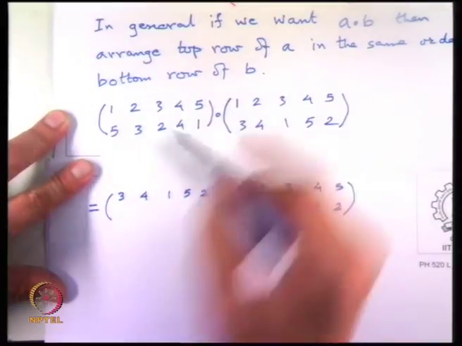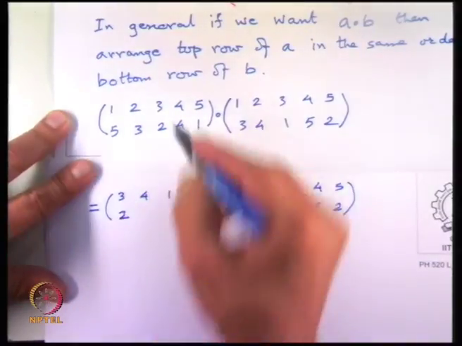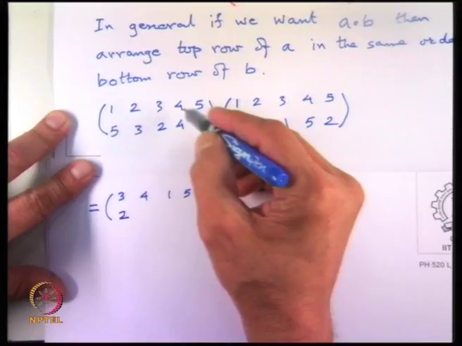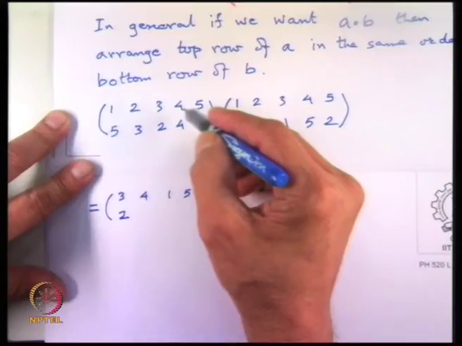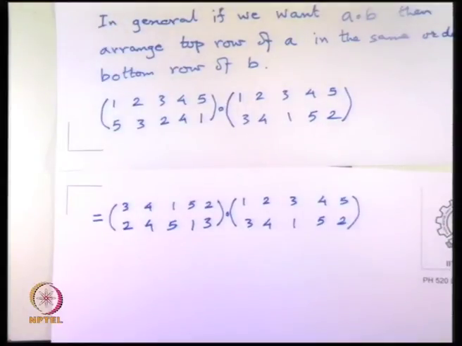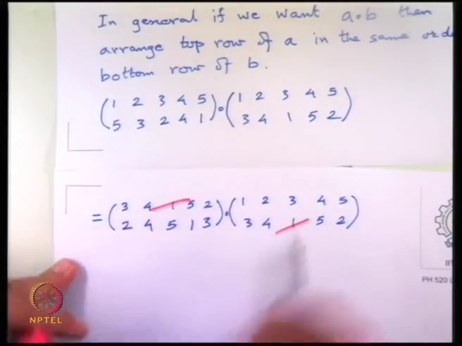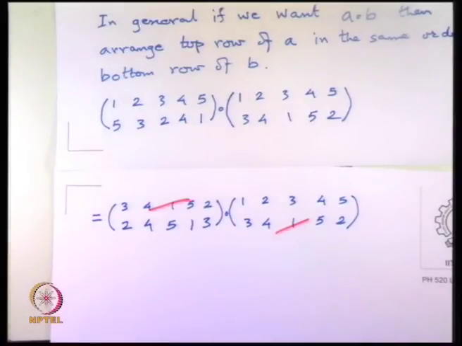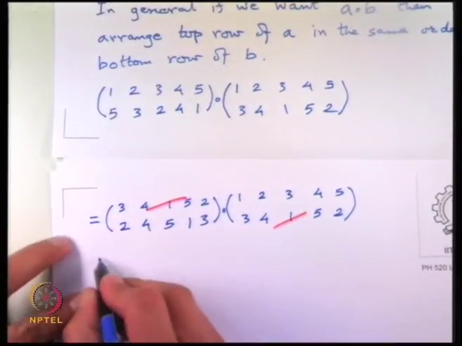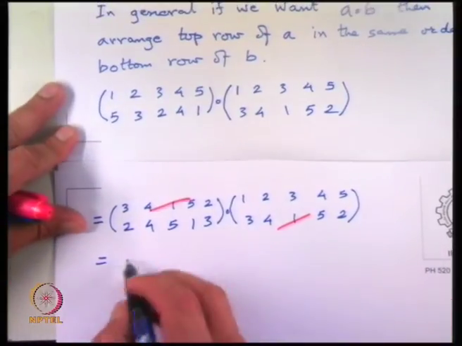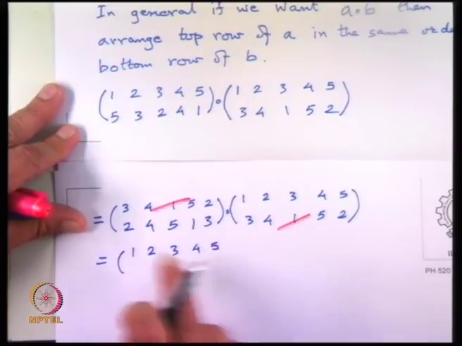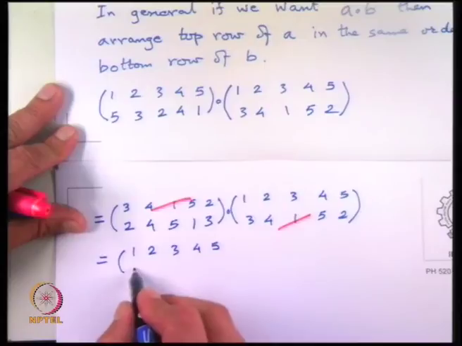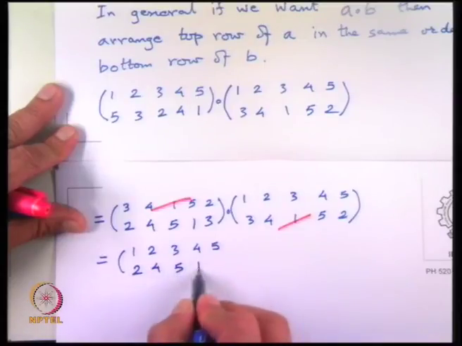Where there is 3, there has to be 2 below. Where there is 4, there is 4. Where there is 1, I have to have 5. Where there is 5, I have to have 1. And where I have 2, I have to have 3. Now that I did this, I am free to cancel this and this and write it as equal to 1, 2, 3, 4, 5 and this bottom line here 2, 4, 5, 1, 3.